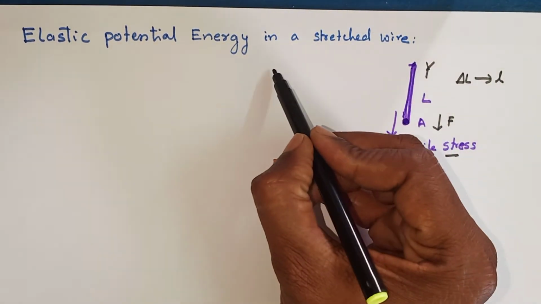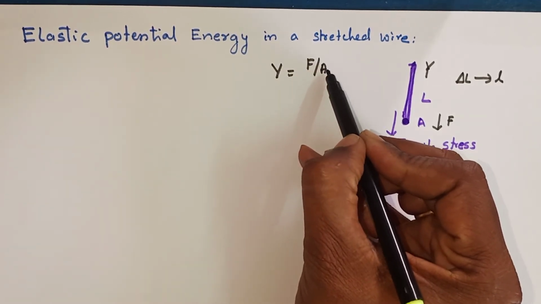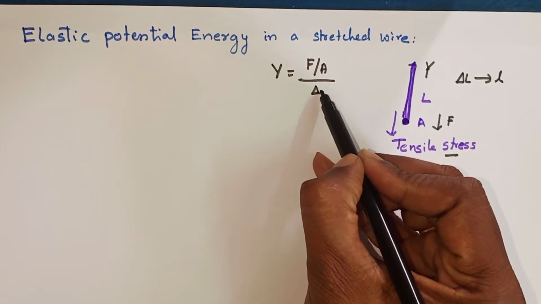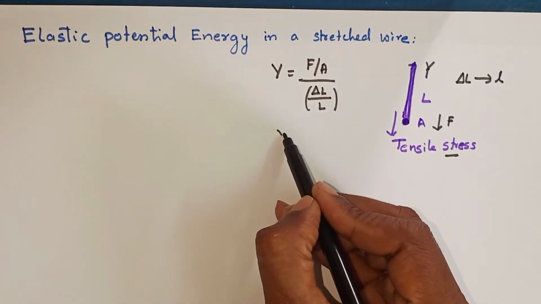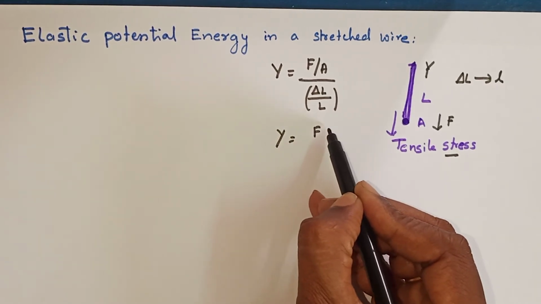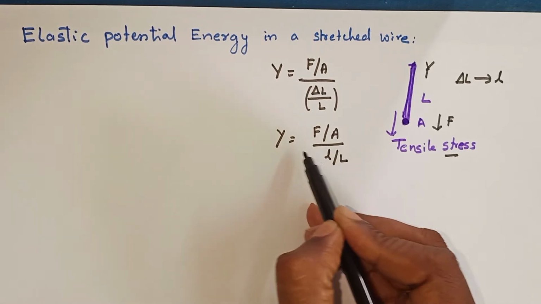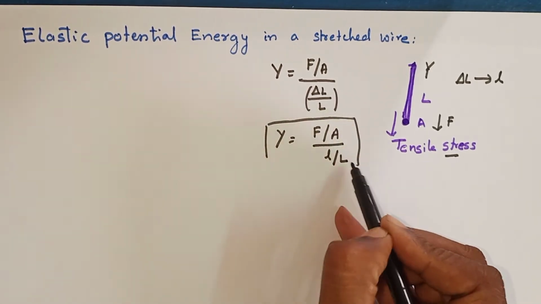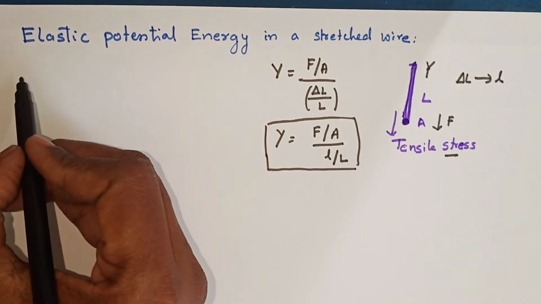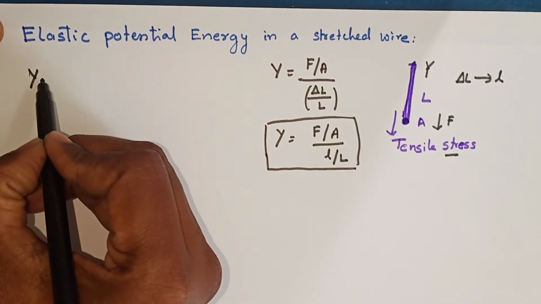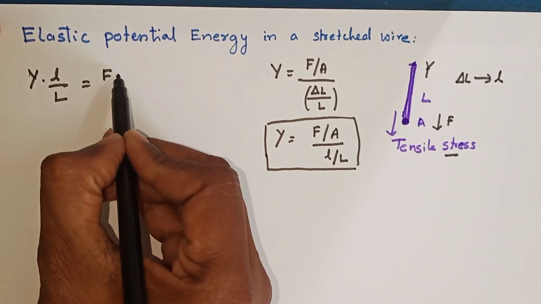You know very well that Y is equal to F by A over delta L by L. Now here I am writing it again as small l by capital L. Now I am extracting this one: Y into small l by capital L is equal to force per area.